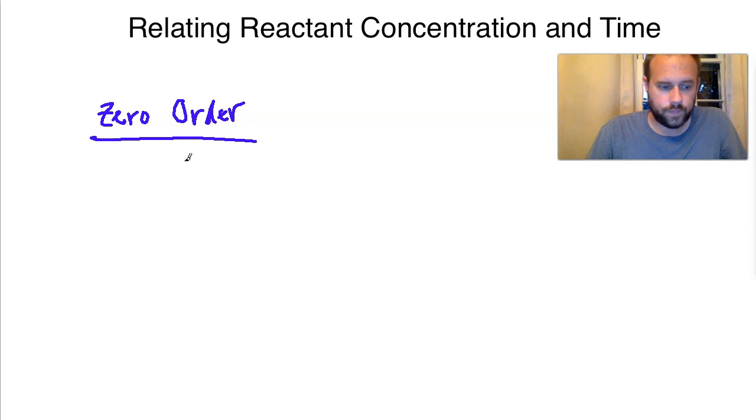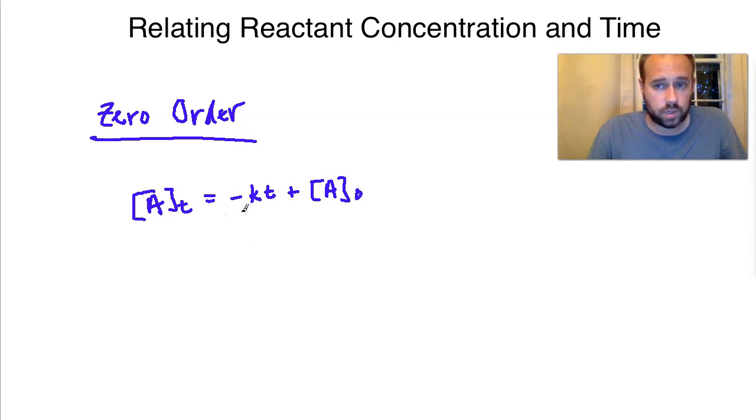The concentration of A at time t is going to be equal to negative kt plus the concentration of A 0. All right, so this looks familiar. This is somewhat similar to the first order, except we don't have the natural log there at this point. That's the main difference if you're kind of scratching your head.